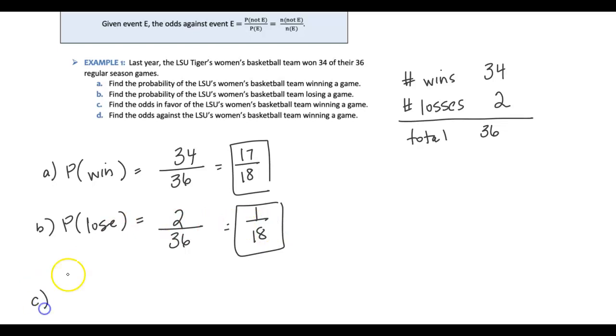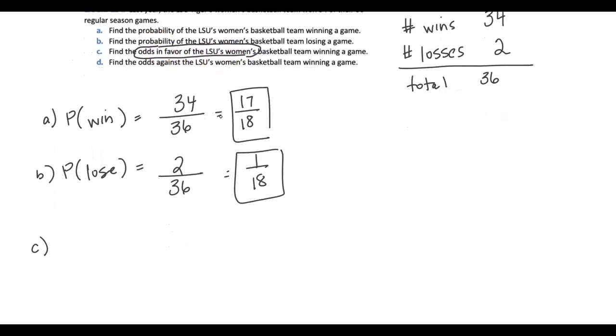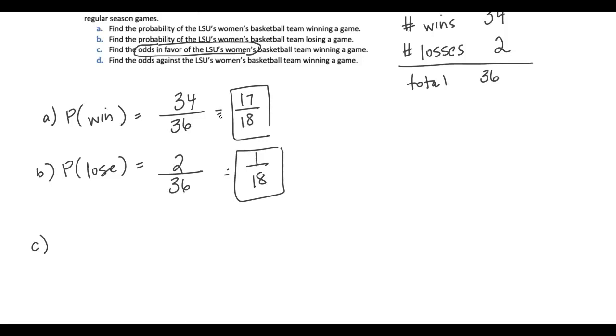Part C, now we're looking at the odds in favor of winning a game. One way to calculate this is probability over probability: the probability of a win compared to the probability of not winning, that is, a loss. Our probability of winning was 17/18, and the probability of a loss is 1/18.